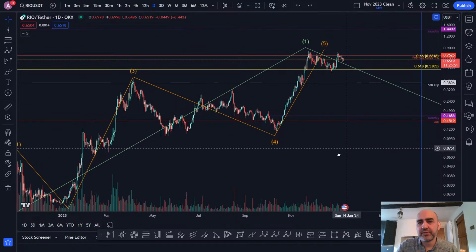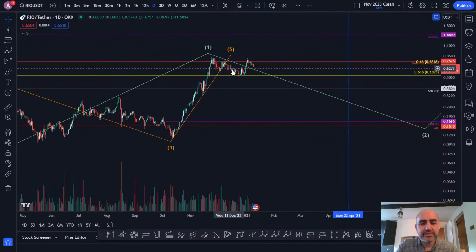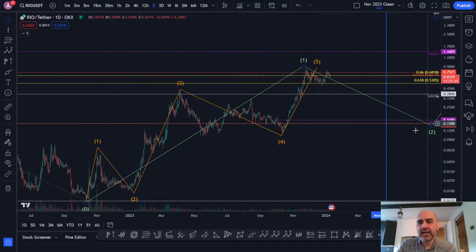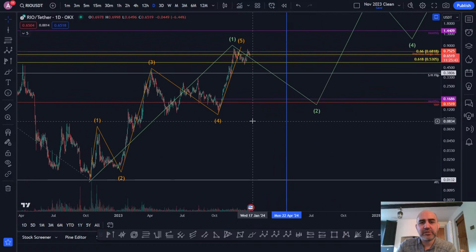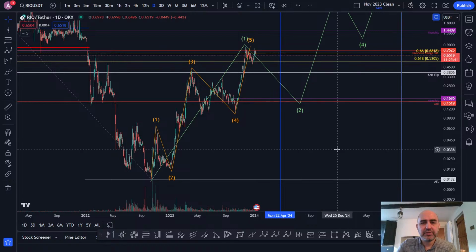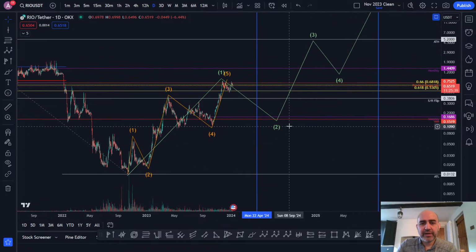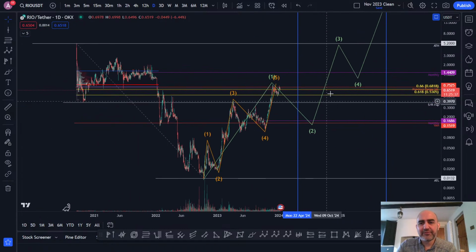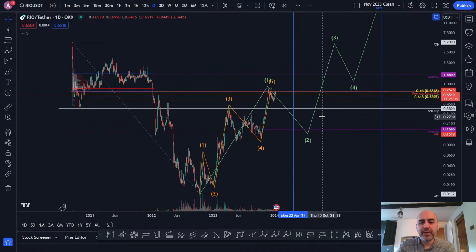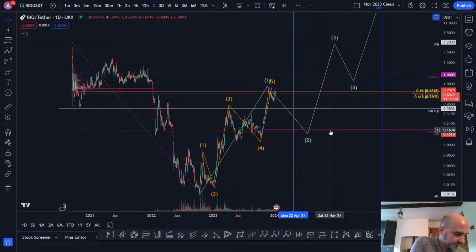That looks correct. And so we have to see how this consolidates now. I think we're looking at a wave 2 consolidation for a larger wave 3 impulse, probably when Bitcoin finds some strength.